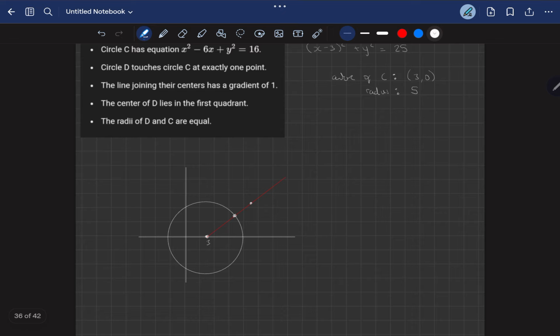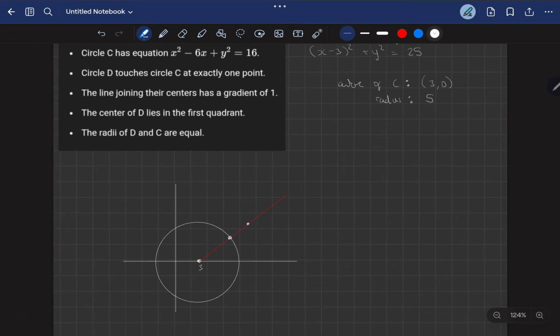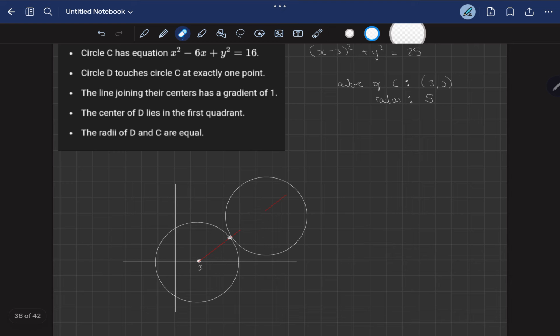And we also know that the radius is also 5. So if I draw the center over there, in the circle, let's just put the center right here.